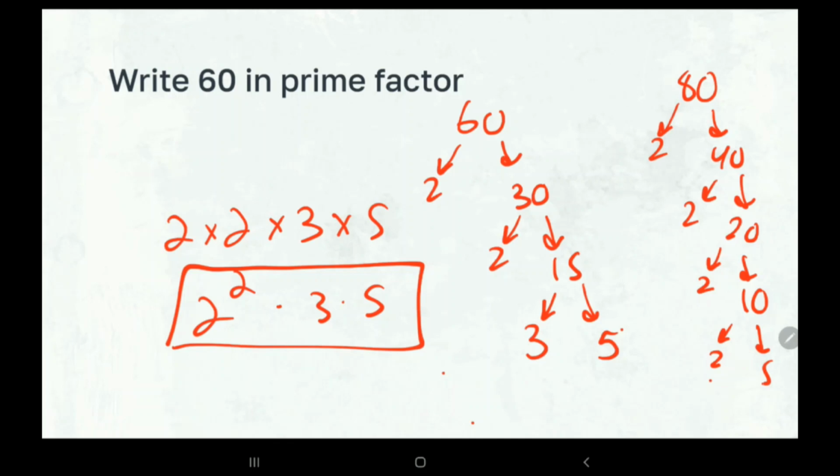So it will be 1, 2, 3, 4. I mean, there are 4 2's, so we will write it as 2 to the power of 4 times 5. So this is 80 in the form of prime factors.